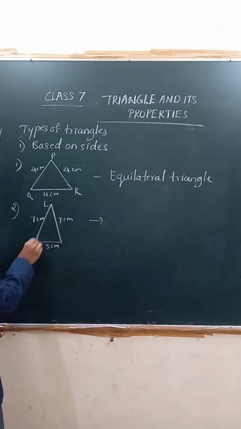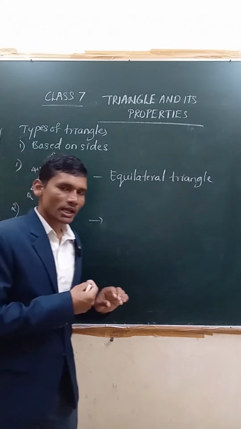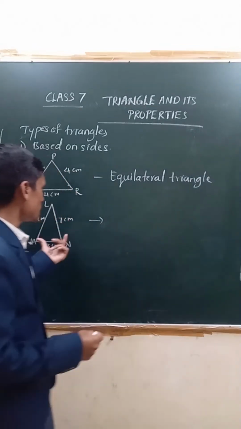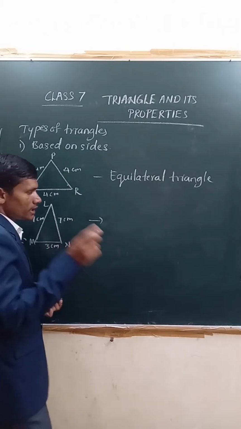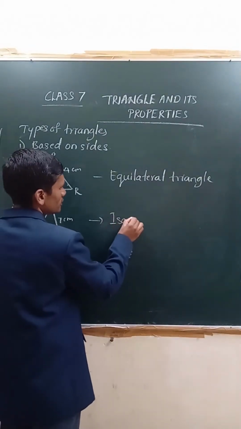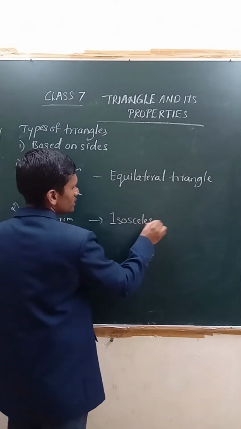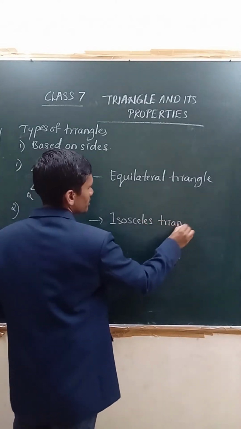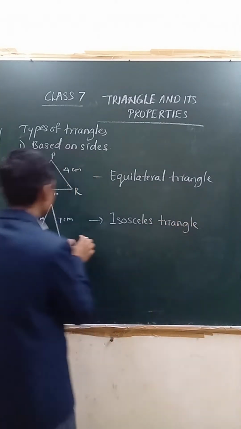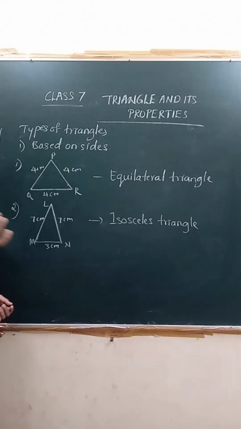Let us call this as LMN, right? Here two sides are equal in this triangle, so we can call this type of triangle as isosceles triangle. Remember, this is isosceles triangle. So simple, right?